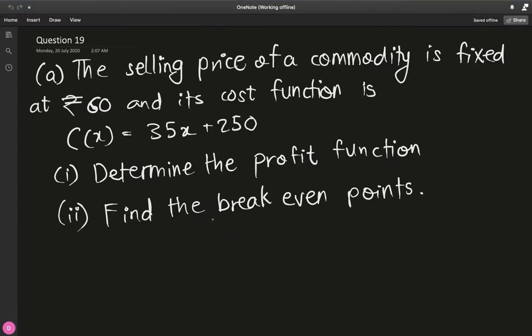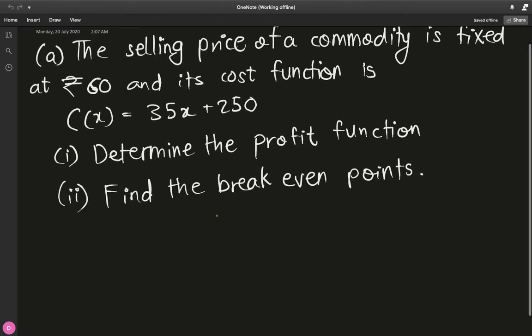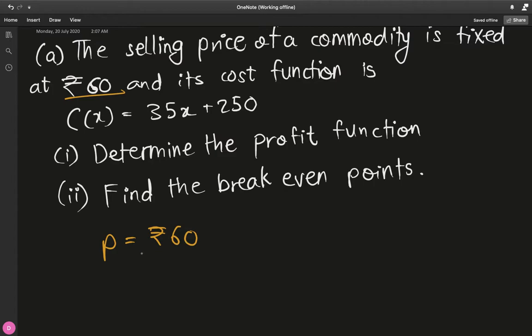Like we do with every question, let's first write the data. Let's convert this information from English to math. The selling price of a commodity is fixed at rupees 60. So the price of one commodity is rupees 60. Call it the demand function, small p is rupees 60.